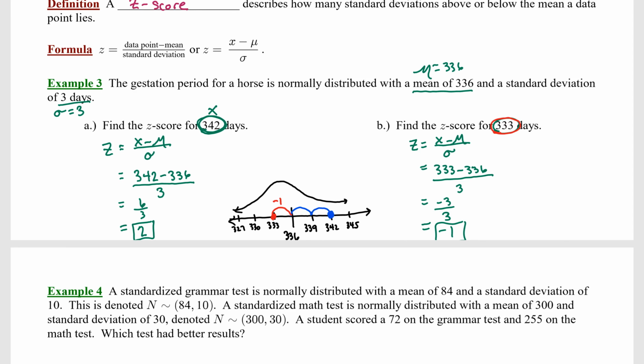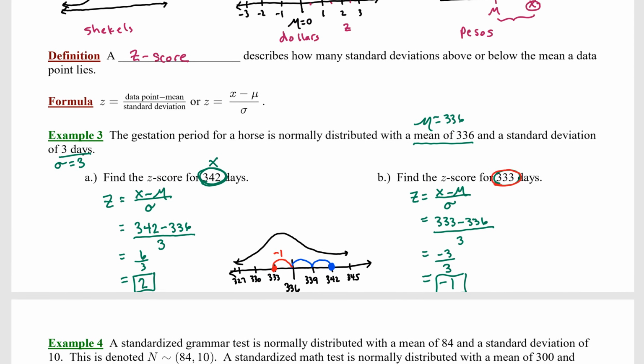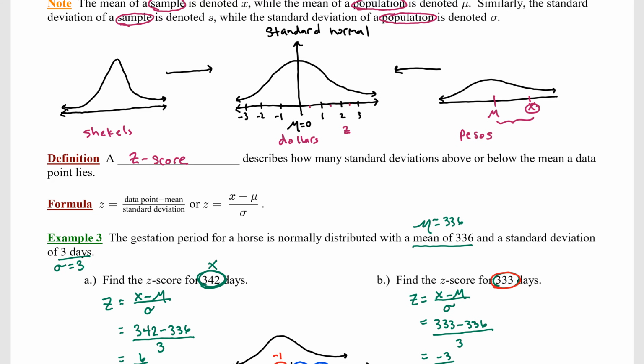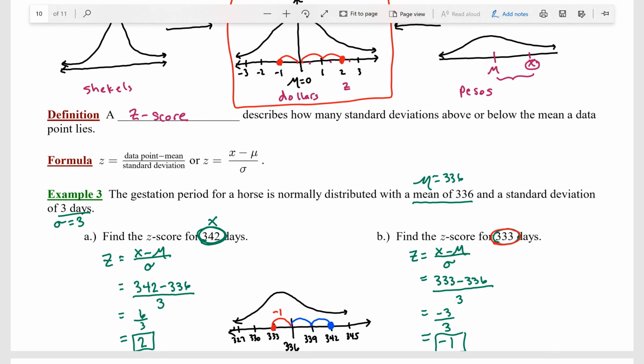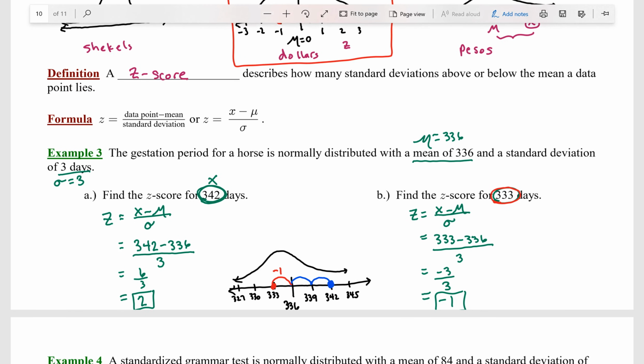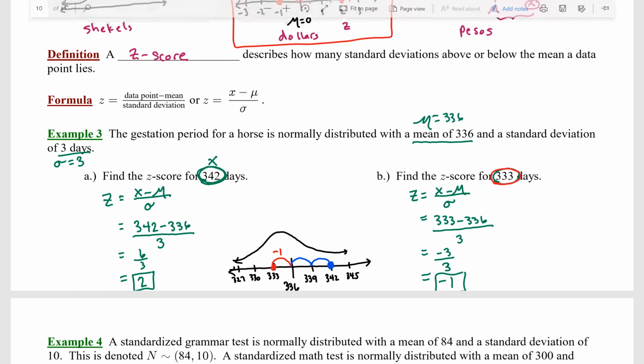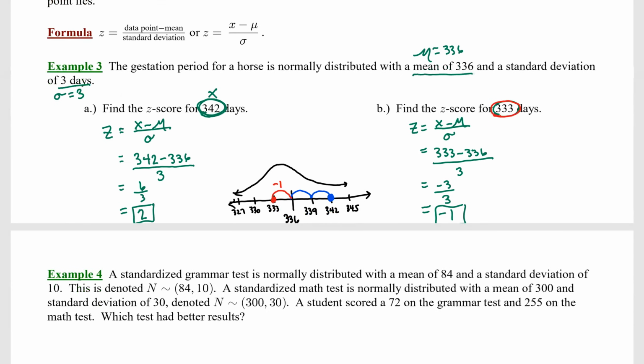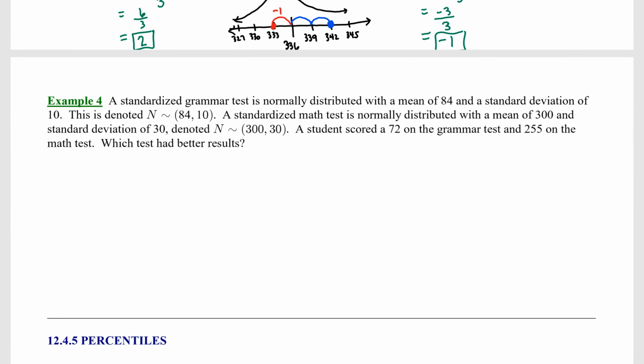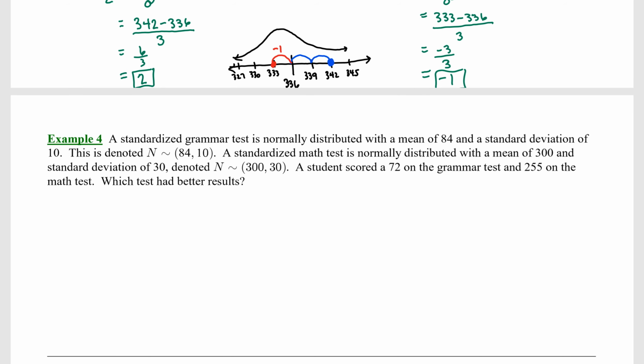So if we were to convert this normal distribution into the standard normal distribution, then we understand that we're working with a data point for example A that was 2 standard deviations above the mean, and a data point for example B that was 1 standard deviation below the mean. So the z-score simply counts how many standard deviations above or below the mean that particular data point happens to lie. Let's try another example.